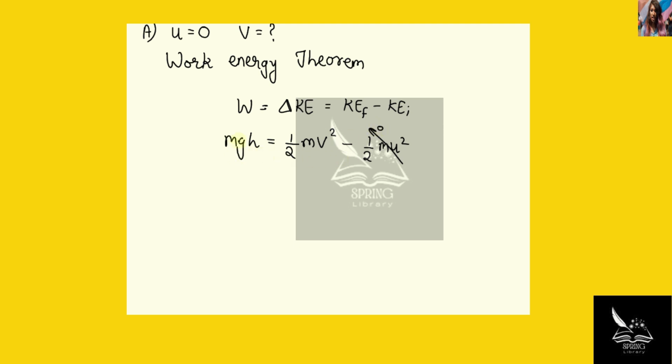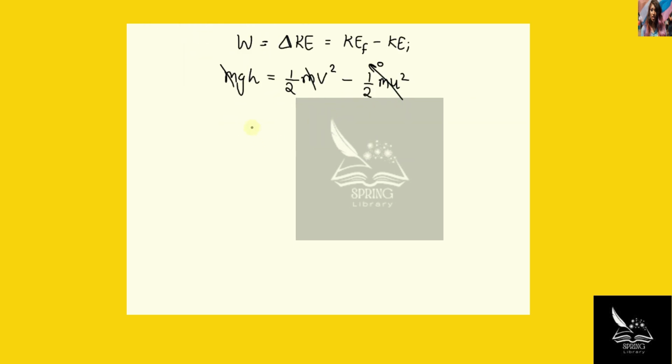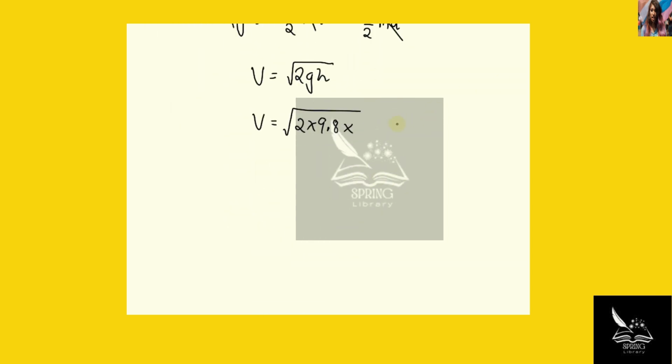Now let us plug in the values. So the m goes away. We get v is equal to the square root of 2gh. So v will be the square root of 2 times 9.8 times the height, which is 7.